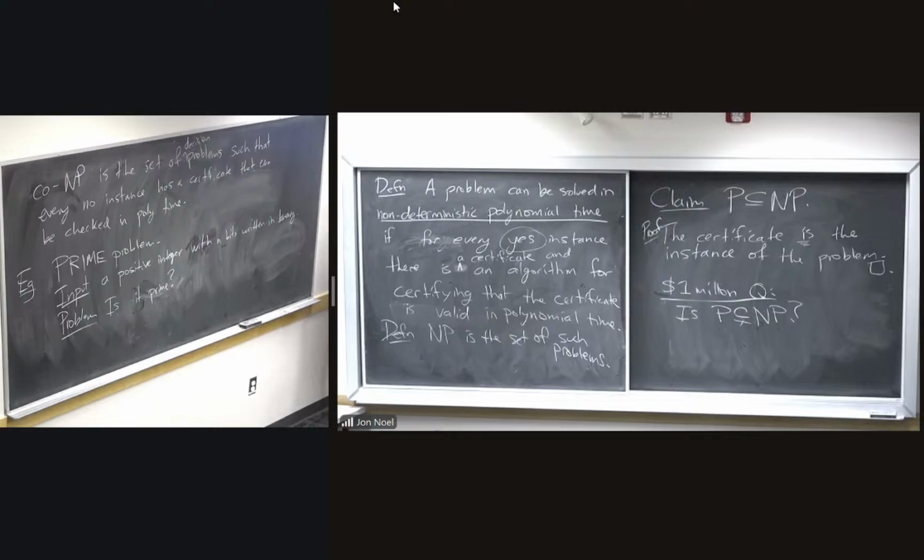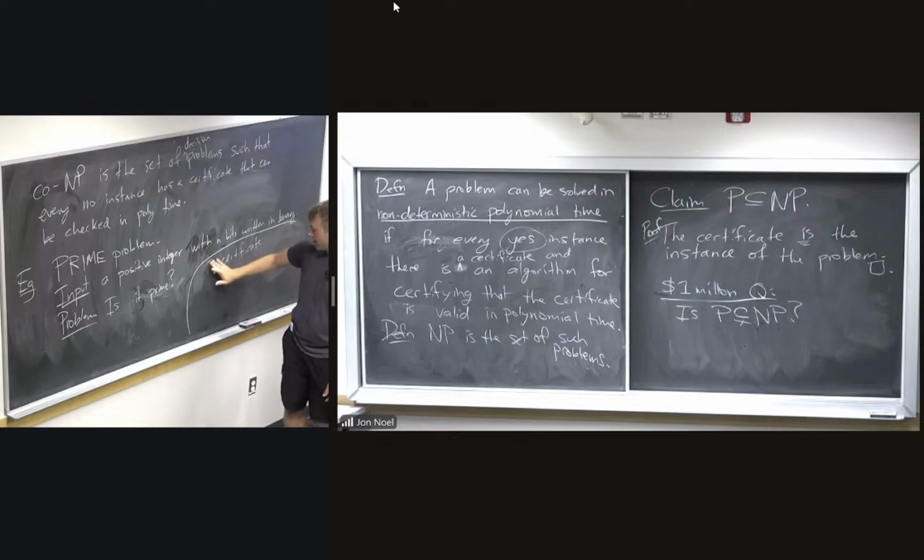Any kind of argument why? What would be the certificate? Yeah, if it's false, a prime factor, and the division is polynomial. Yeah, exactly. So for a no instance, a natural certificate anyway, there could be other certificates, right?